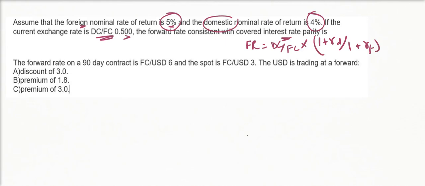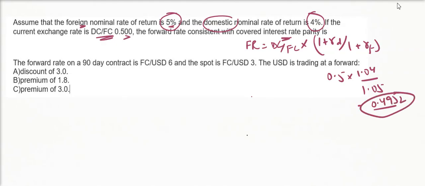So DC over FC is given by 0.5 multiplied by 1.04 and divided by 1.05. So the final value is 0.4952, right? So this is the forward rate of return with interest rate parity. This is the formula it is given. Often we forget this formula. It's pretty easy, pretty simple, but we often forget this when we are talking about.